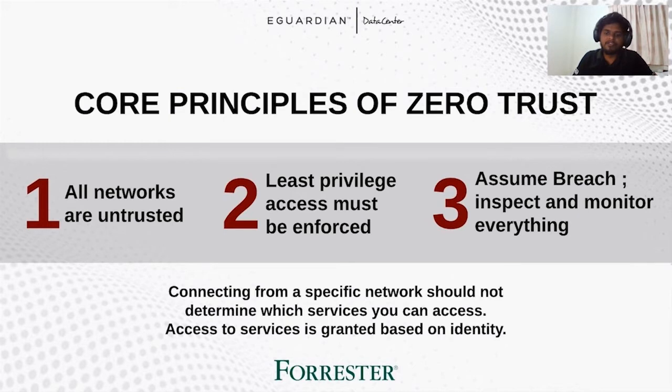In the original paper for zero trust, there were three core principles. The first was don't trust anything just because of where it is coming from in the network. All networks are untrusted. That was revolutionary talk at the time, because 15-20 years ago everything inside the network was trusted. The second core principle is that least privilege access must be enforced.